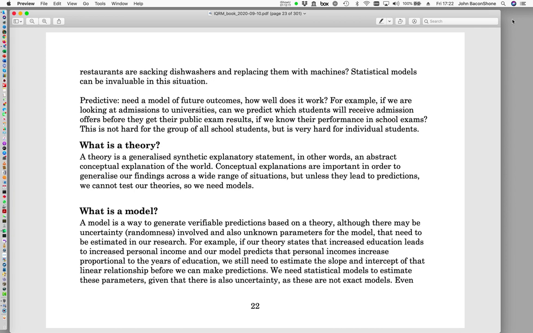So for part of that study, one of the things I needed to do was to understand the connection between education and personal income. So I wasn't using the years of education, but the level of education. So people who only had primary education or less, lower secondary, upper secondary, post-secondary, first degree, master's degree, PhD.